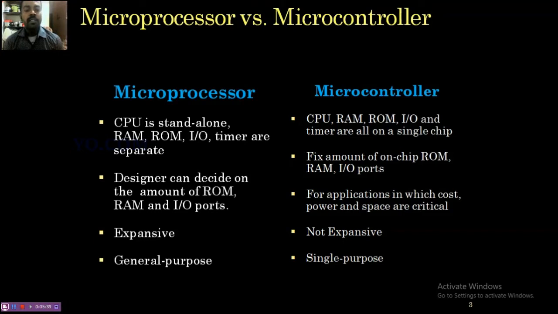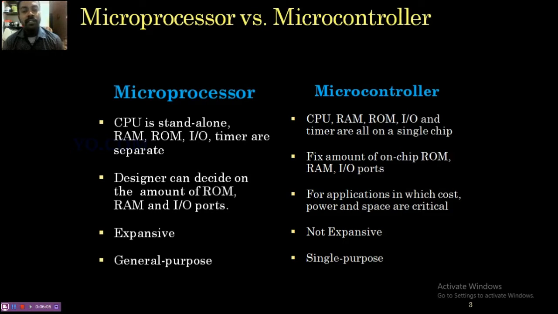With a microprocessor, the designer can choose any amount of ROM, RAM and IO port. In a computer we can change the RAM. If you have 1 GB RAM in your laptop, you can convert that 1 GB into 2 GB by inserting into the RAM slot. You can change the hard disk from 500 GB to 1 TB. Okay, you can modify.